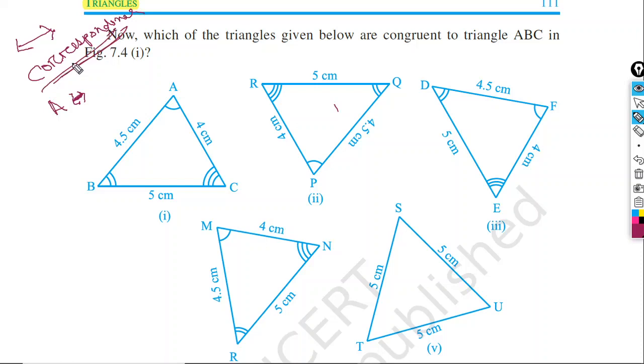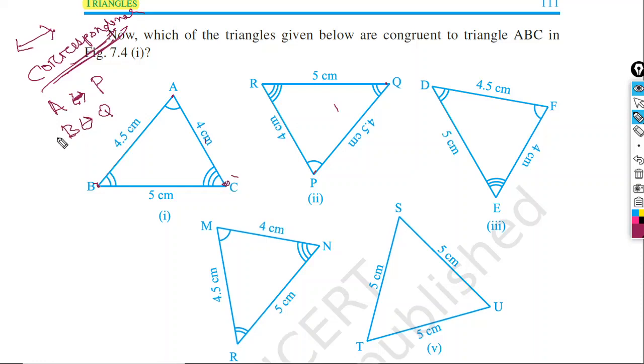This is what we have discussed in class 8 also. So point A, in this triangle ABC, will correspond to what? Point P. So we can write A corresponds to P. Similarly, B will correspond to Q.